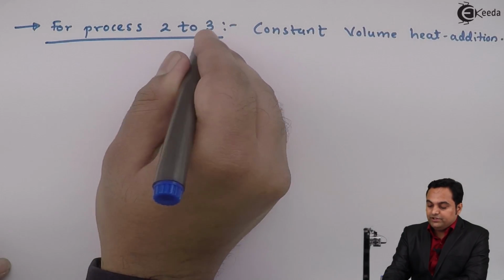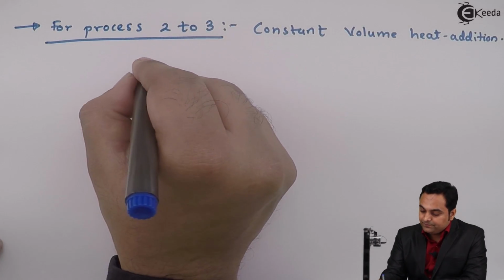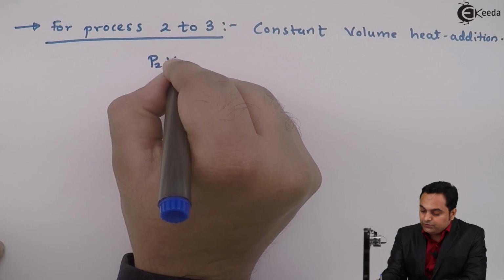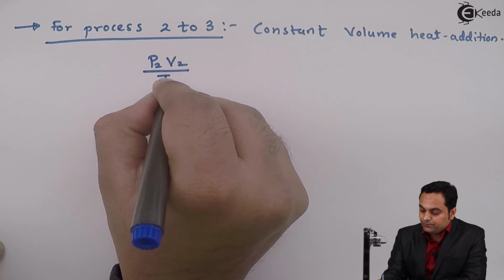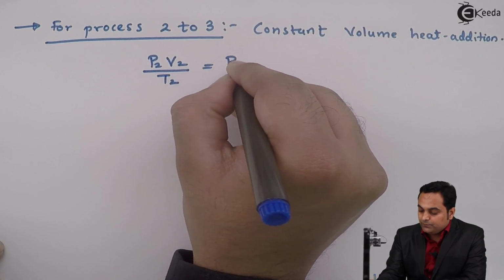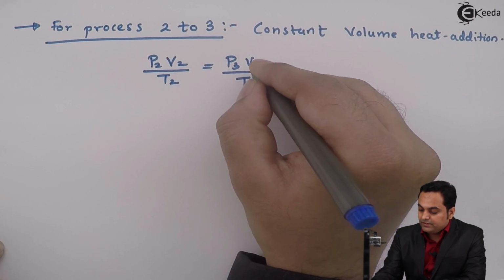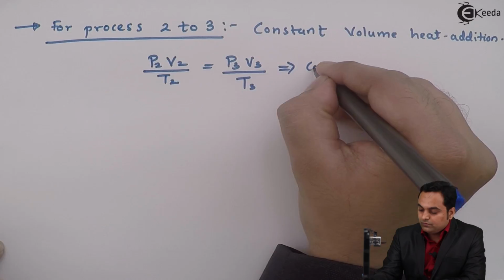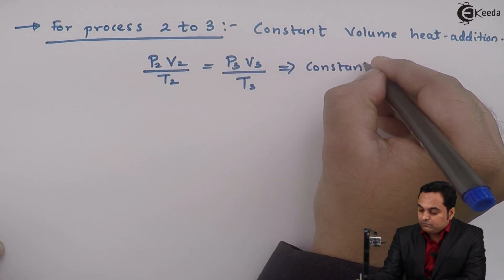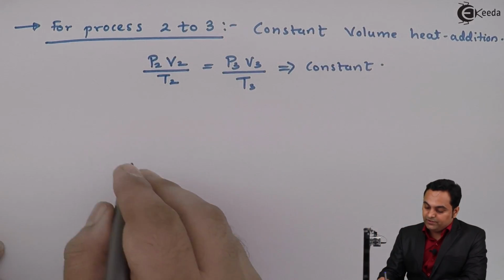So here for states 2 and 3 we can write P2 V2 upon T2 is equal to P3 V3 upon T3, and again this will be a constant value for the states 2 and 3.